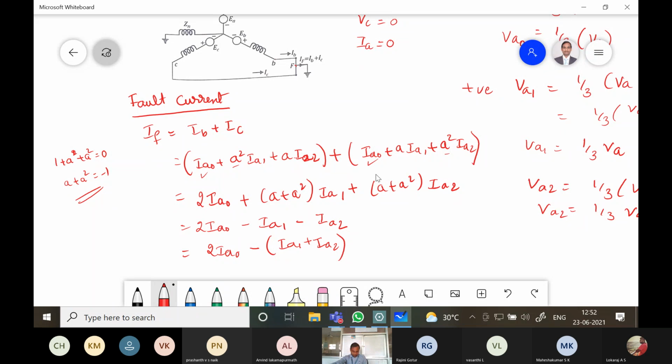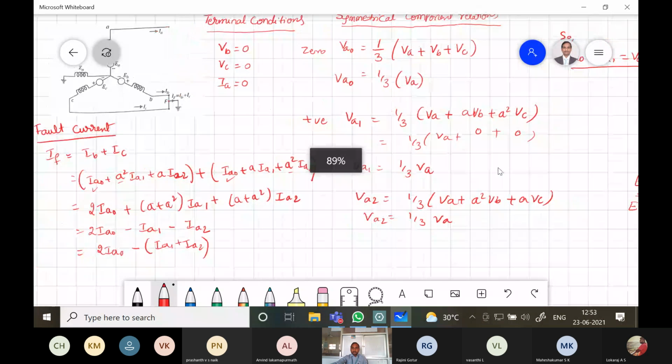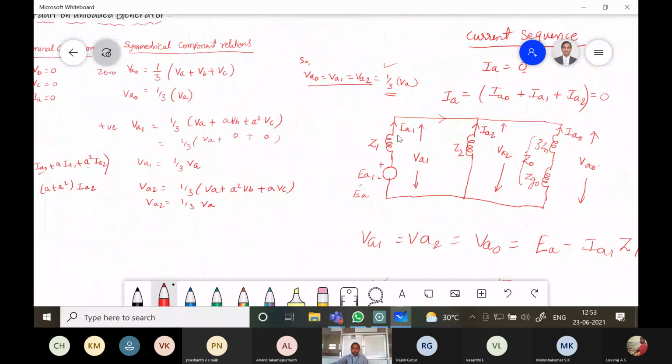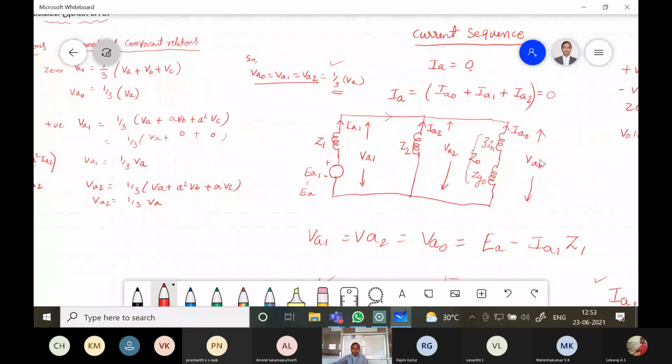Okay. So it can be observed in the figure that IA1 plus IA2 is equal to minus IA0. Look at the figure. If you take the total of IA1 and IA2, that is equal to minus IA0.